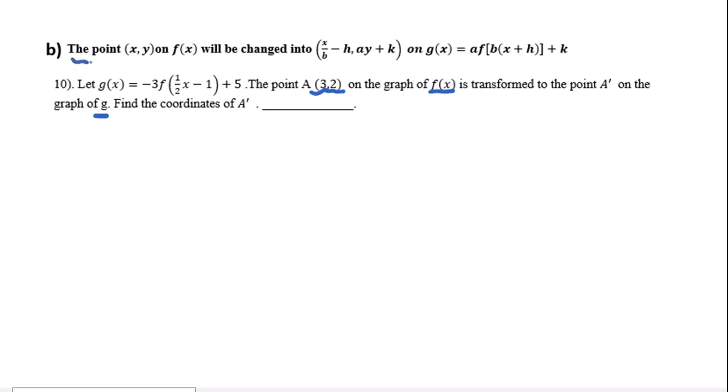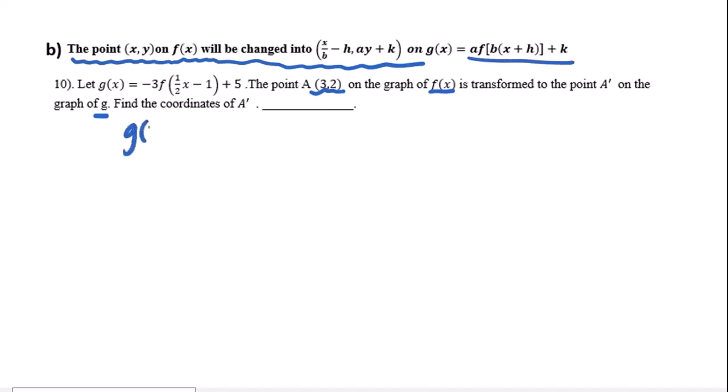This is the rule. The point (x, y) on f of x will be changed into (x over b minus h, ay plus k) on g of x equals af(bx plus h) plus k. So first of all, you need to change this g of x into transformation form like this.